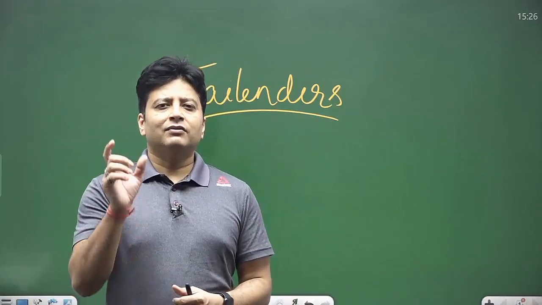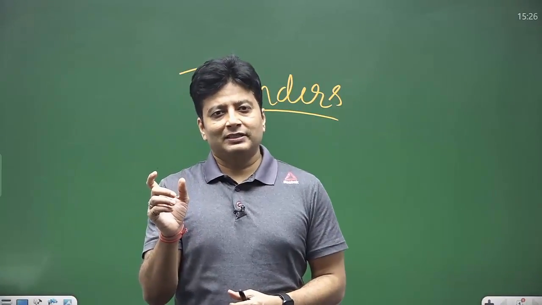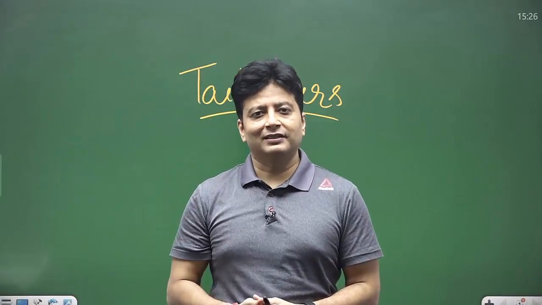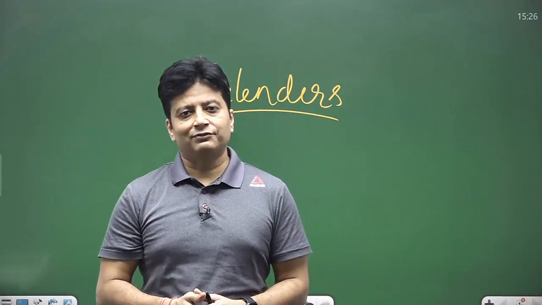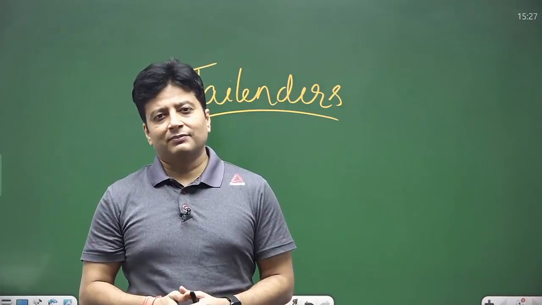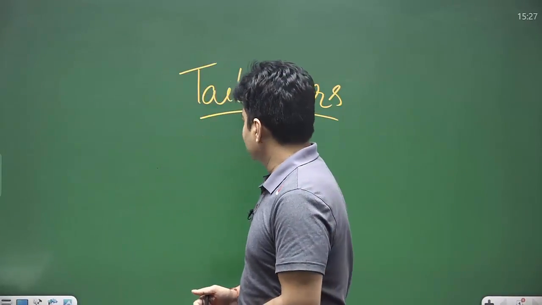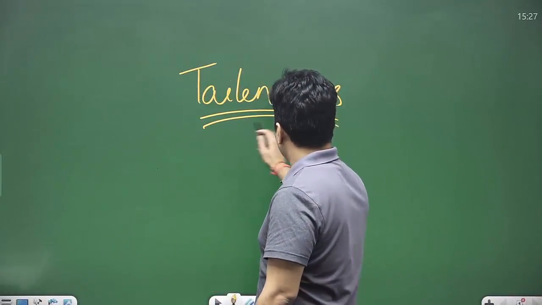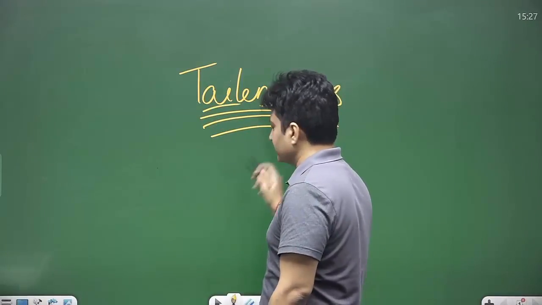And a single word's importance in the question given in the main stage, I have to discuss. The word given at the end of the question is sometimes also called a tailender, right? Tail plus enders.